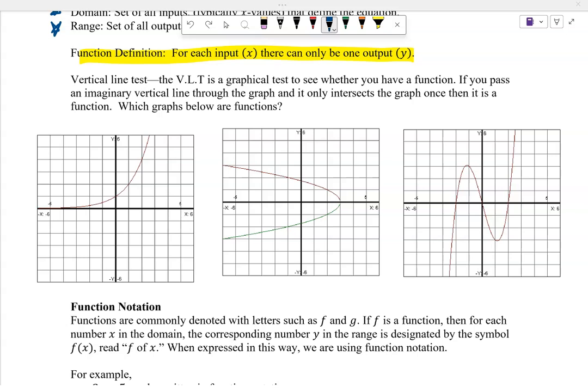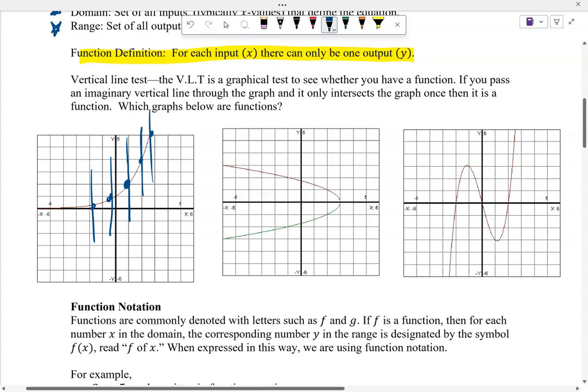If I run a vertical line through for an x value of 1, it only hits once. In other words, for an input of 1, there's only one y value. It has to be that way anywhere on that graph; it can only hit once. See how anywhere on the graph that I tested, it's only going to hit once? Again, that means for every input, there's only one output for this graph. So yes, this is a function.